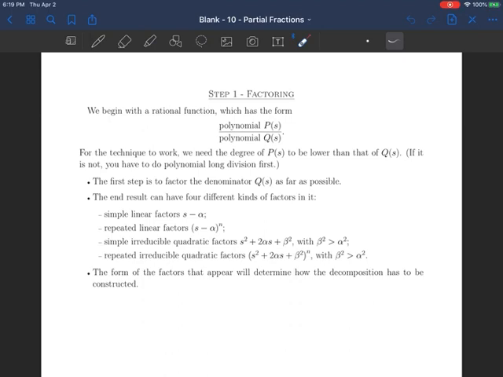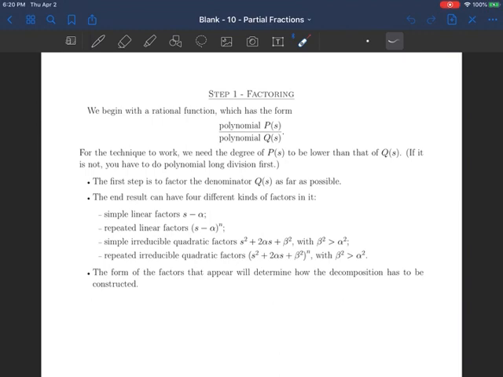There are three major steps in this process that we need to know how to carry out. The first one is to factor. So remember, a rational function is one that has the form polynomial divided by polynomial. We're going to call the polynomial on the top p of s and the one on the bottom q of s. For this technique to work, first of all, the degree of the top has to be lower than the degree of the bottom.